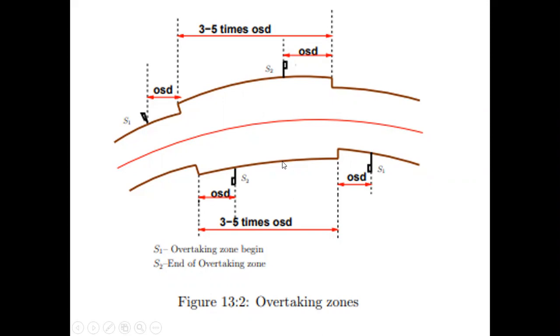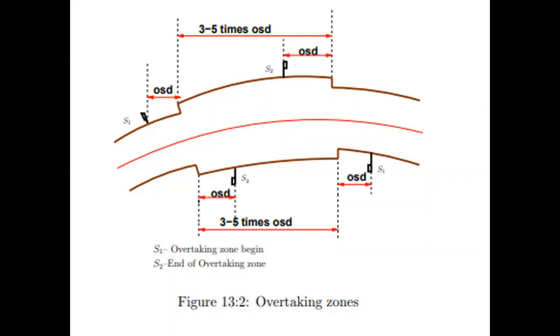When the driver comes to this overtaking zone, suppose there is a slow moving vehicle here and a fast moving vehicle coming behind it, then the driver can overtake in this particular zone. That is called the overtaking zone.